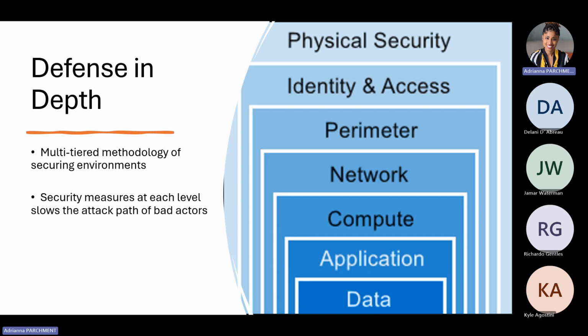It ensures that when one set of controls fails at one level, there is another level that is ready to defend your IT system. And really, what this provides is a way for us to slow down an attack path when it comes to ensuring that our security is paramount.